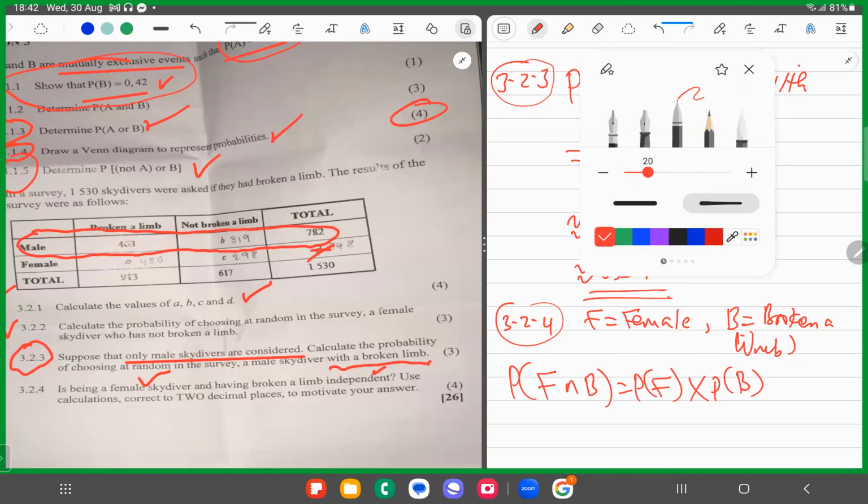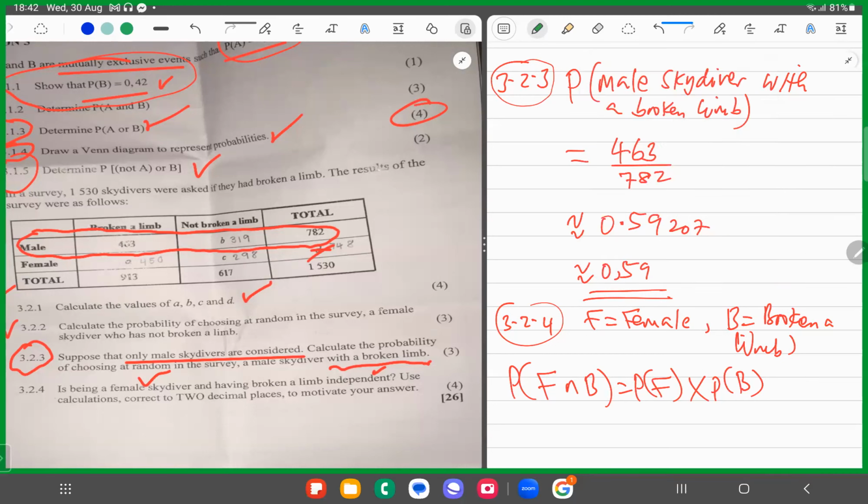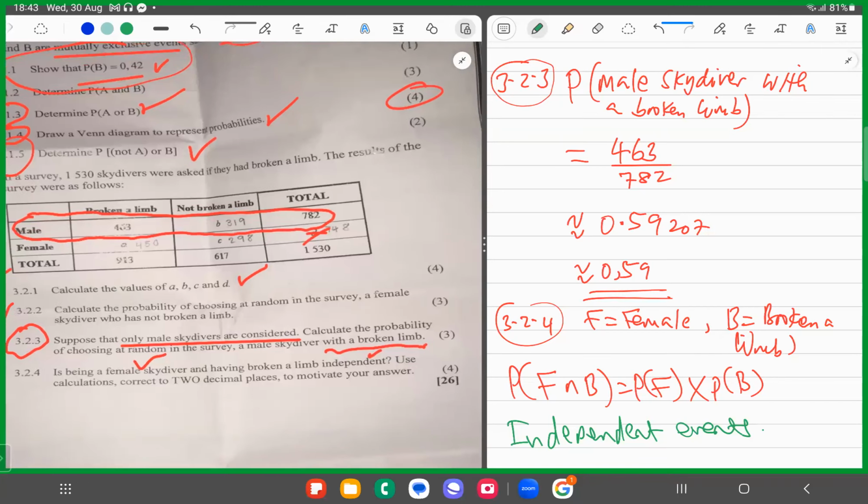This kind of mathematical relation, if it is true, means we have independent events. If this formula holds true, we are in business. We continue and we solve more probability questions. Let's look at the next question.